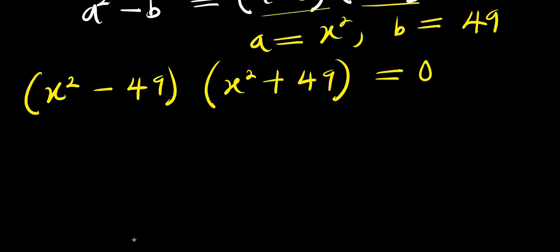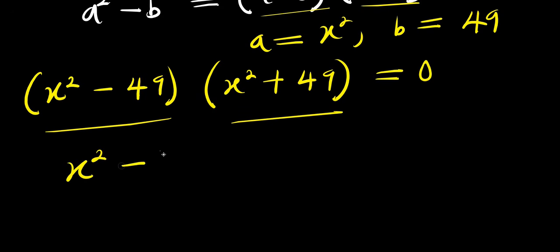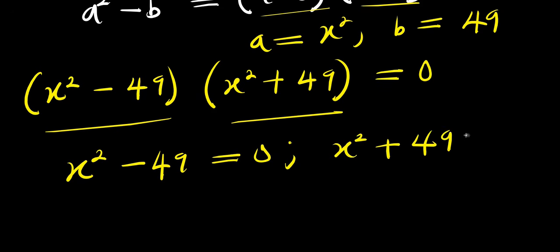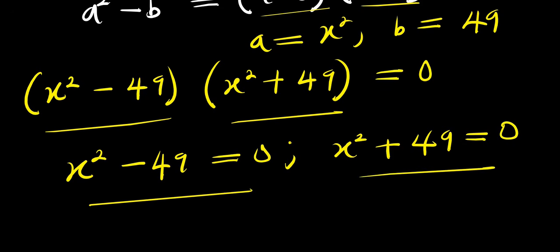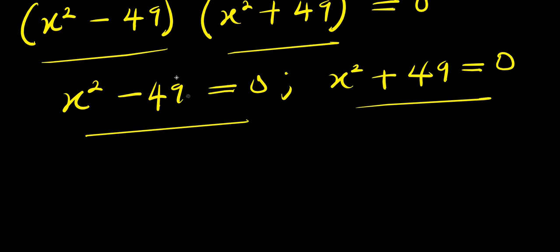So we need to equate each of these to 0. We have x squared minus 49 equals 0. We also have x squared plus 49 equals 0. So let's solve each individual equation. We move this over here.